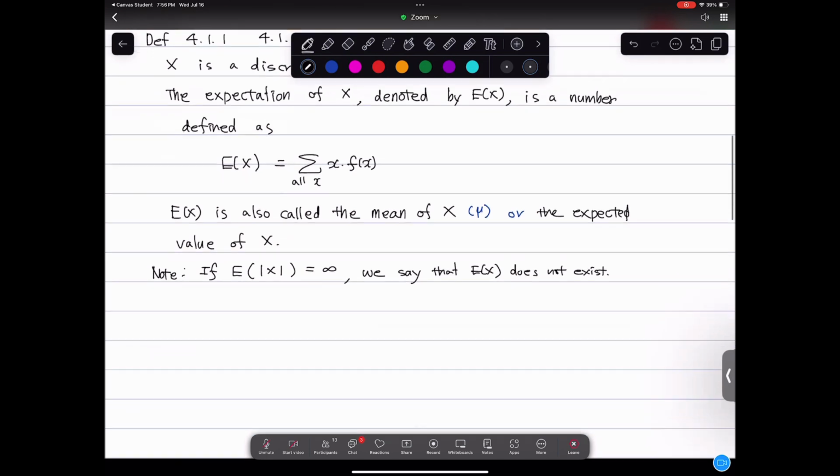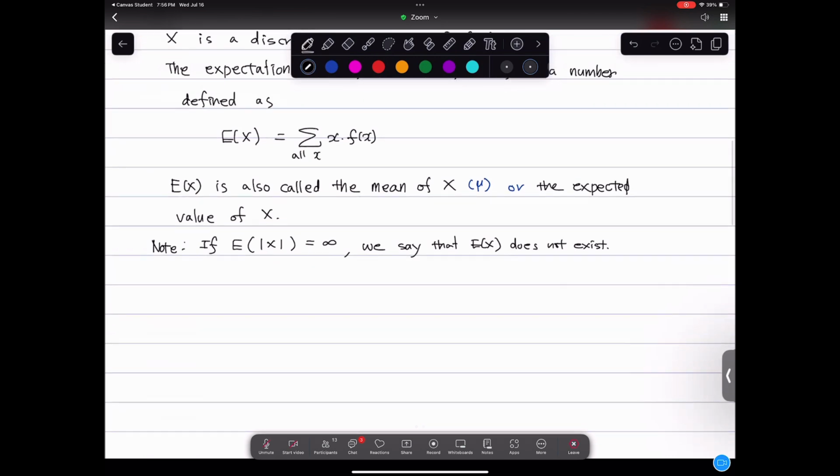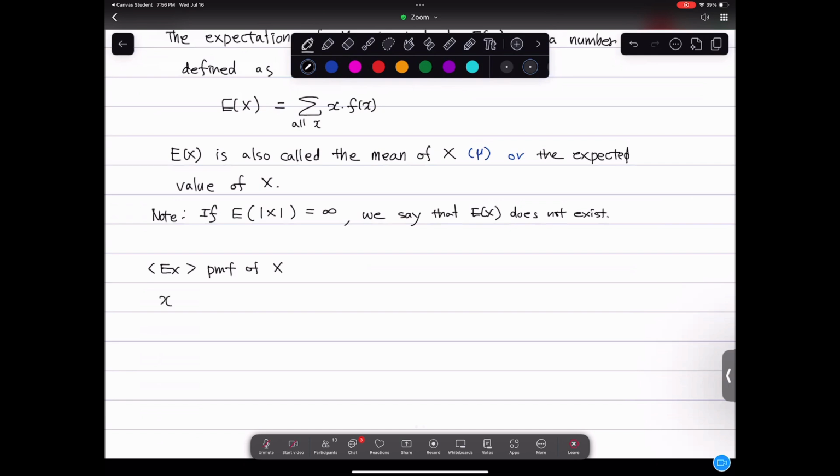I want to do one quick calculation for this PMF case. PMF of x, where x goes from 1 to 3, and the probabilities are 1/4, 1/4, and 2/4.